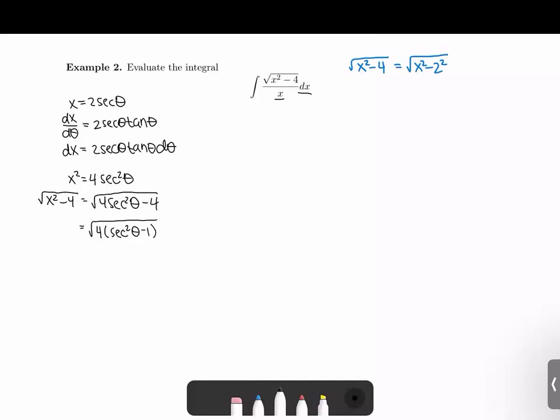I know from my Pythagorean identity that secant squared minus 1 is equal to tangent squared. So this gives me 4 tangent squared theta. Because these are multiplied together, I can apply the square root to both of them, so this is going to be 2 tangent theta.